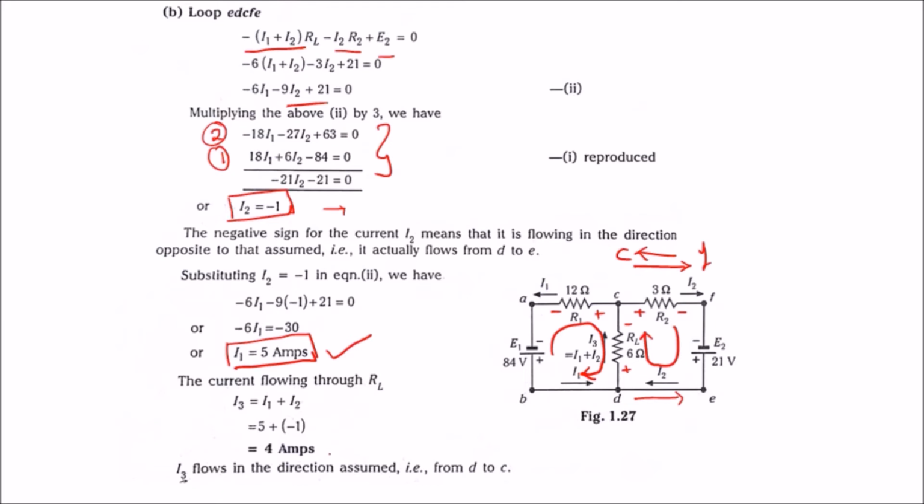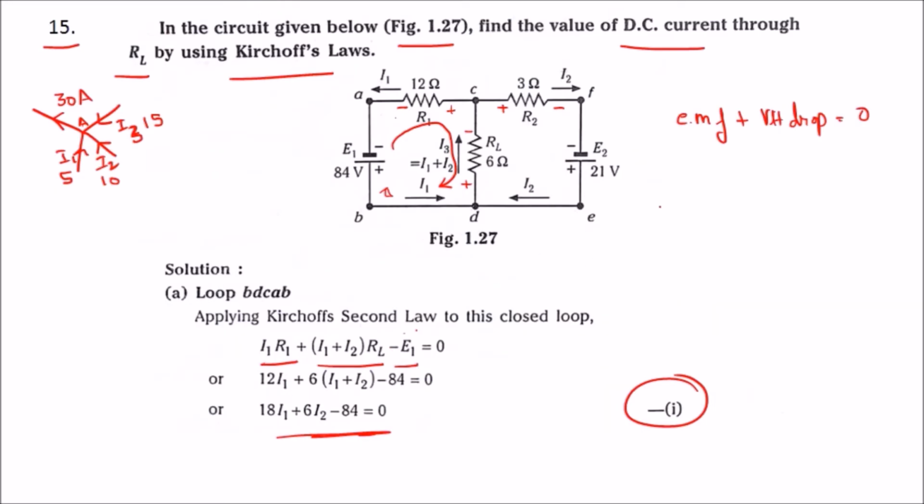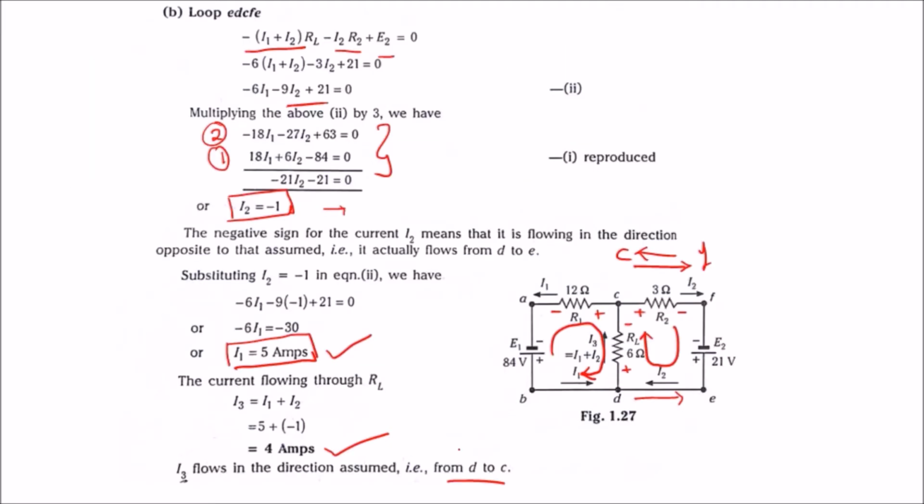So I3 flows in the assumed direction from D to C. Here we need to find the DC current through RL, that is nothing but I3. We have found it as 4 amps.